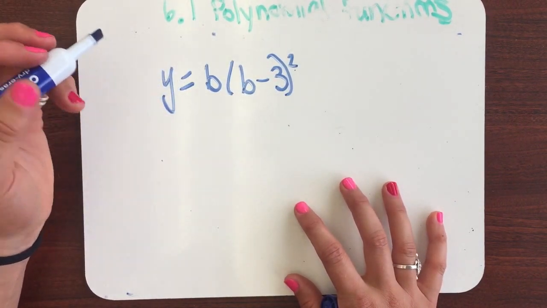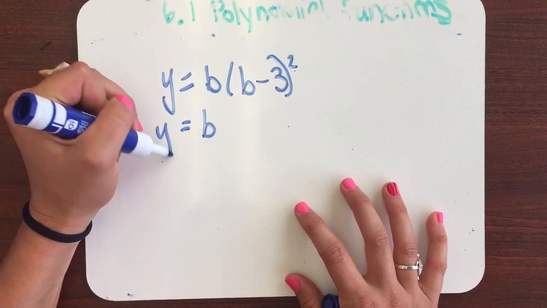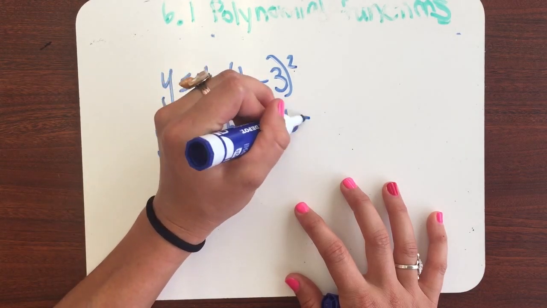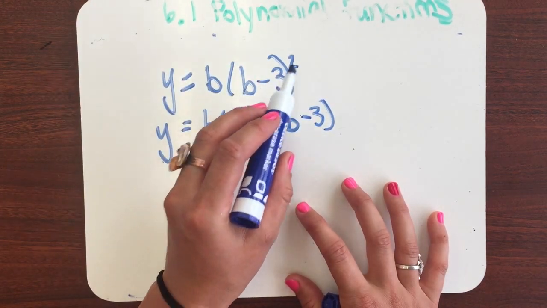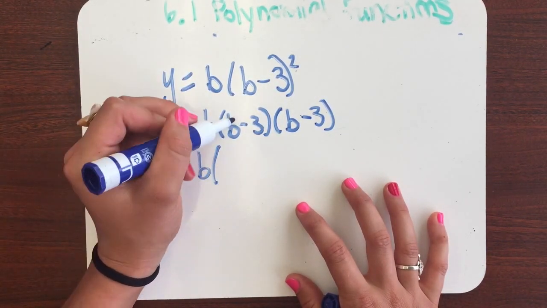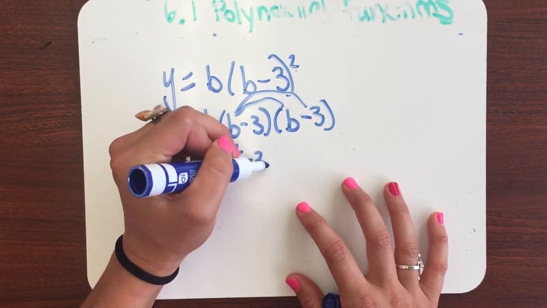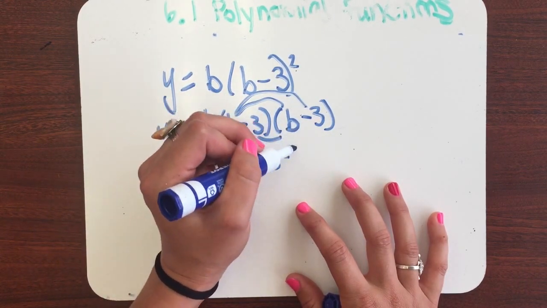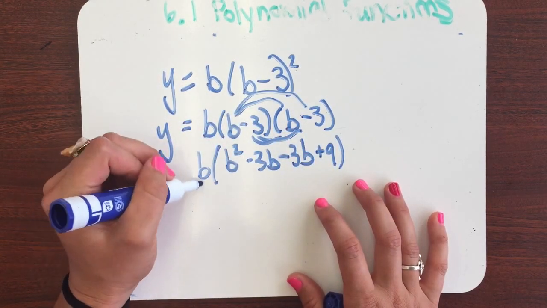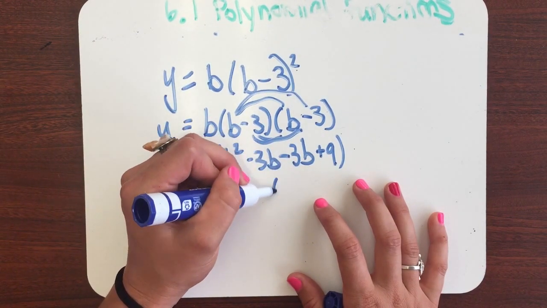So first we have to write it in standard form, meaning highest degree to lowest degree. So we're going to have to multiply out (b minus 3) times (b minus 3) because it's saying that we have two of them. So we'll FOIL this out: first, outer, inner, and last. Combining like terms, negative 3b minus 3b is a minus 6b.